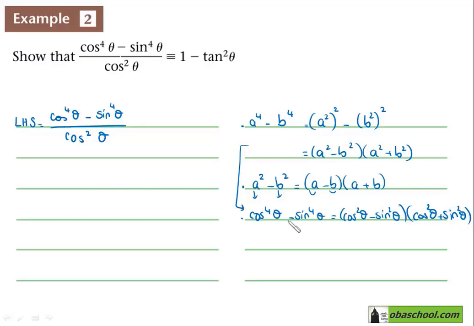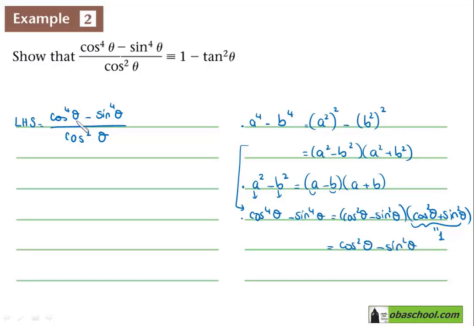This is done by using the difference of the two squares. For this relation, we know that it is equivalent to 1. So we are multiplying all of this bracket by 1 to get cosine squared theta minus sine squared theta.